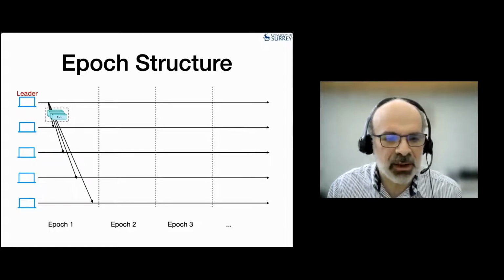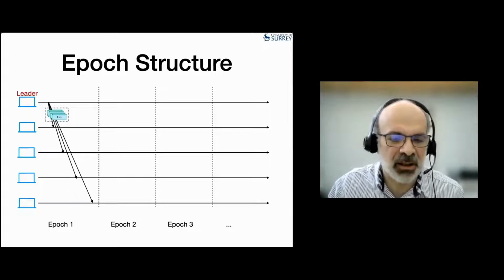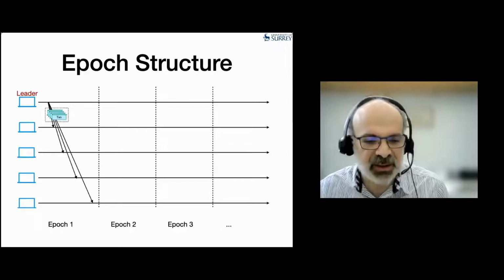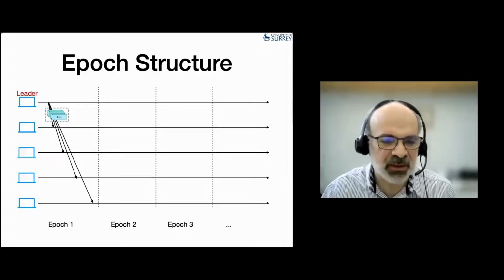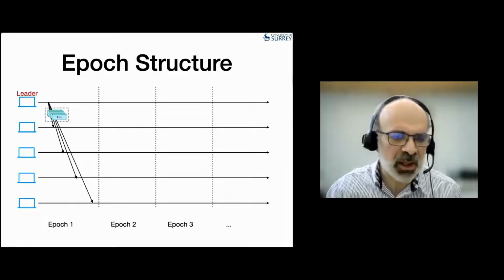If we set a proper difficulty level for the puzzle, then we can also spread out these mining events so that they don't interfere with each other.